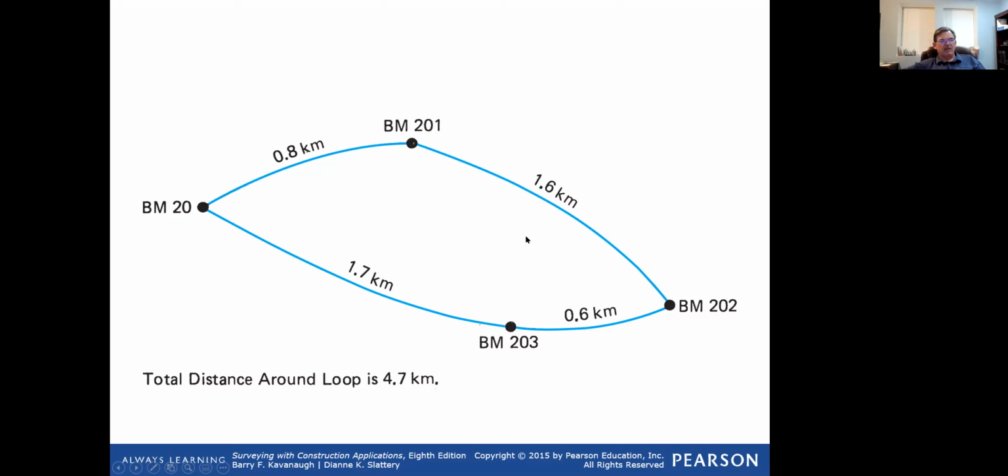You think there's error, so you get a distance in between each one, and you run these levels, so you're keeping track. That is where the 3-wire leveling comes into play, and you keep track of your distances in between here. When you get back to the starting point, there's error.